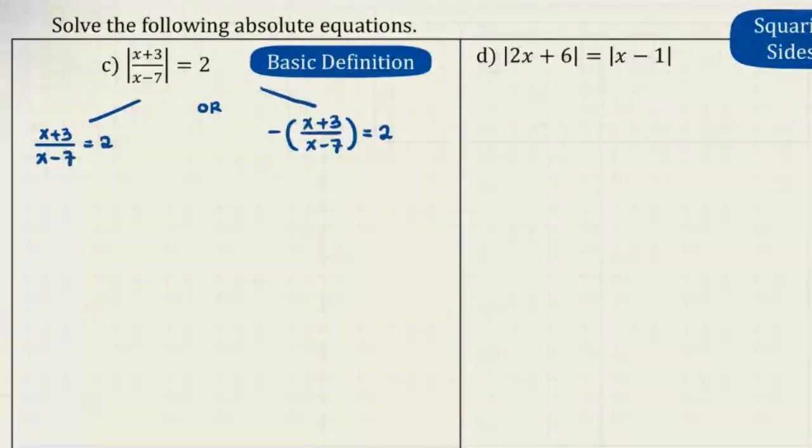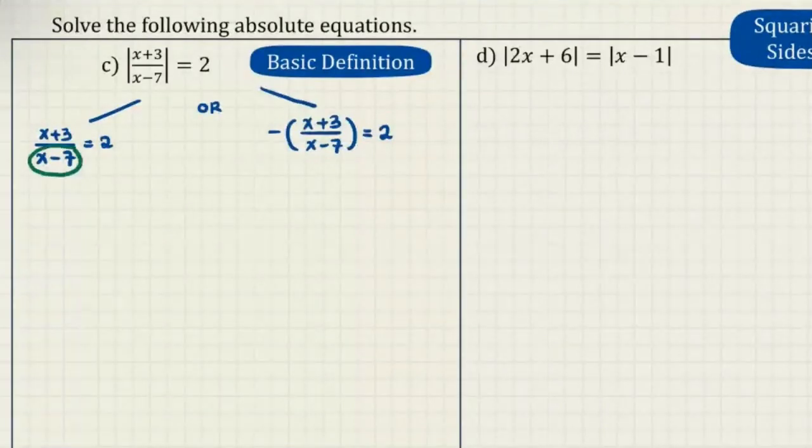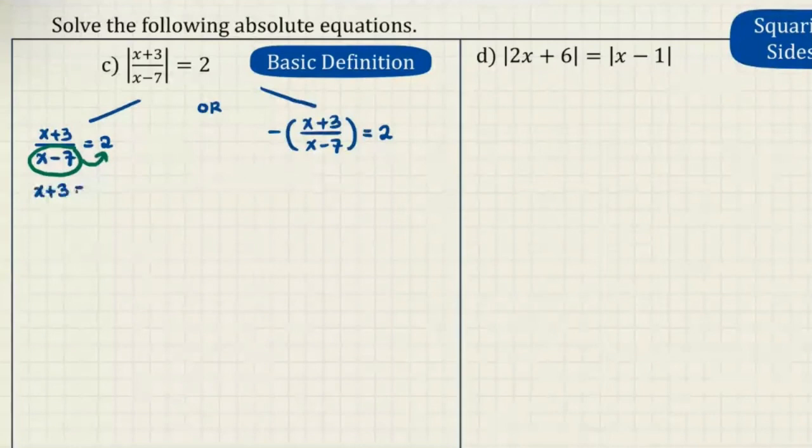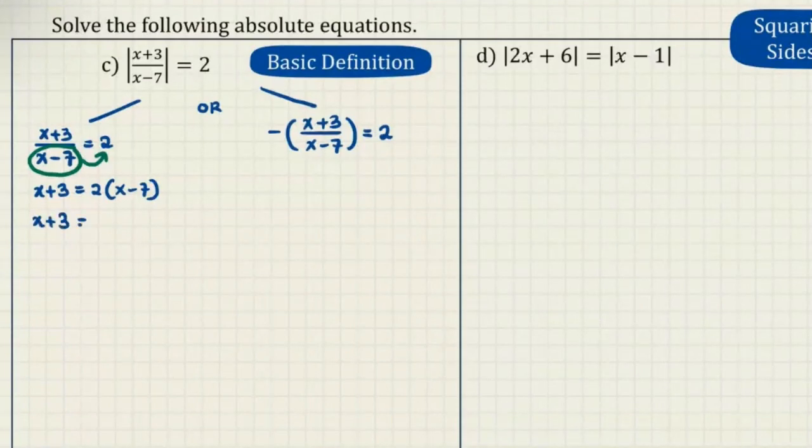So equation, yes. We can rearrange the denominator to the right hand side. Okay. So kat sini it will be X plus 3 equals to 2 multiplied by X minus 7. Okay. And X plus 3 will be equals to, expand, 2X minus 14. Alright.